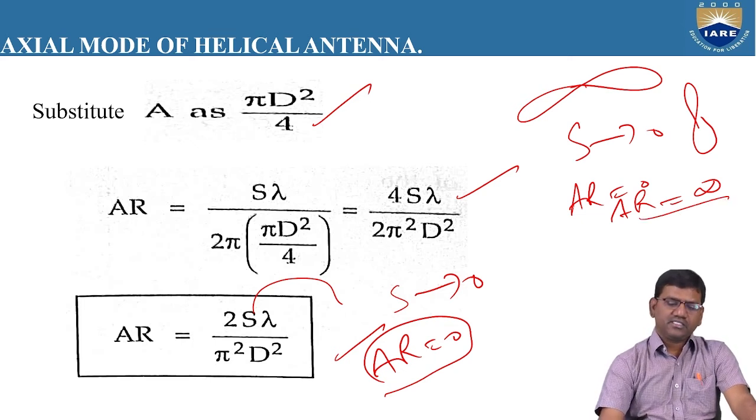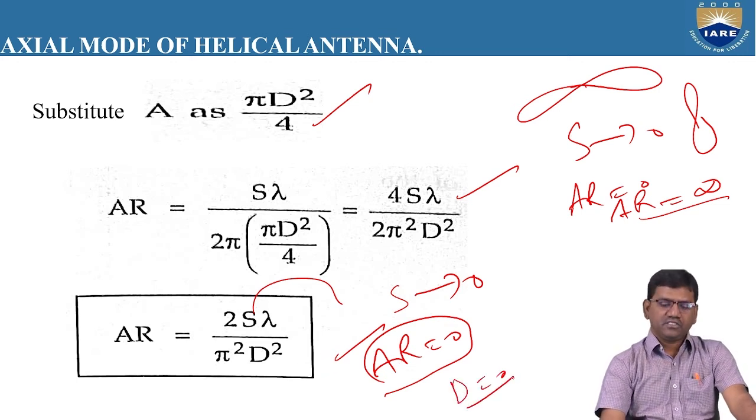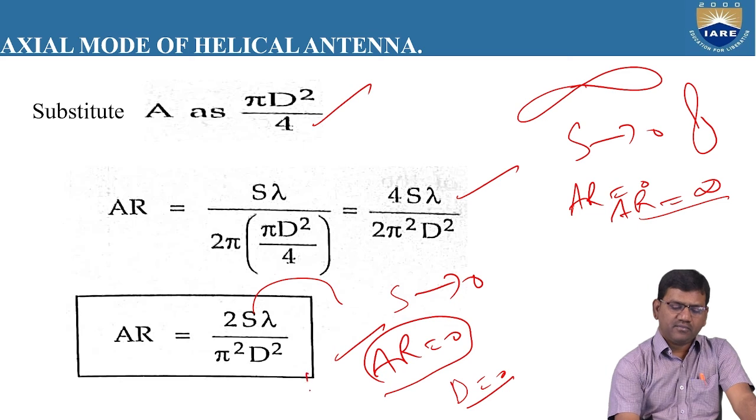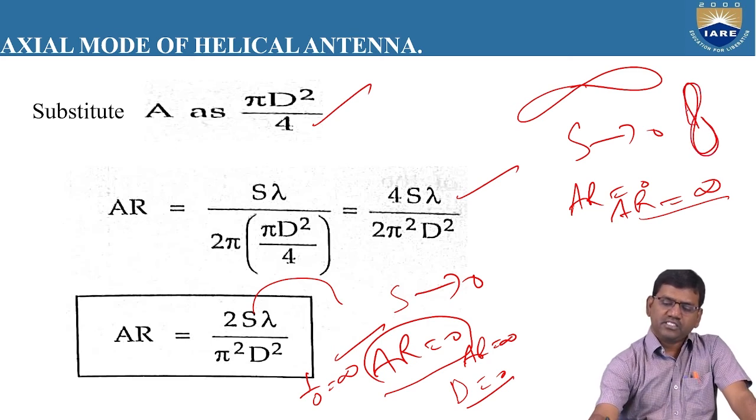So when S tends to 0, 0 by 1 is equal to 0, AR is equal to 0. And when the diameter of the loop becomes 0, 1 by 0 is nothing but infinity. So when AR is equal to infinity, you will get vertically polarized waves.